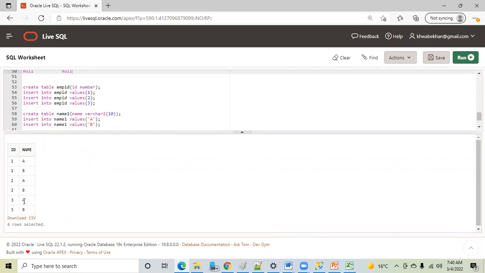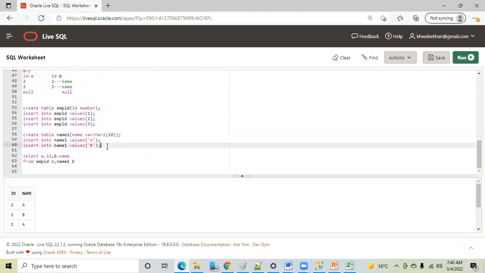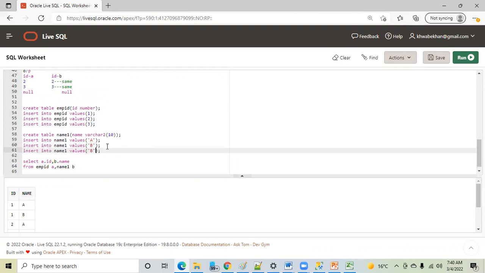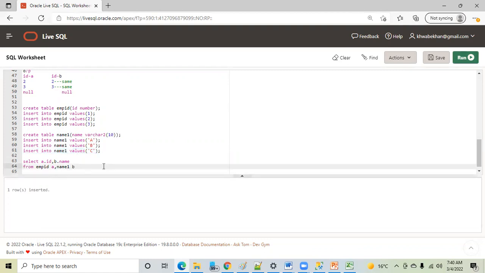Making a combination with all the records: 3A, 3B, it is coming again, 3, right? Now, suppose I insert a new record here, which is C, then what will happen? Each of the columns of the top table will make a pair with every value. Then tell me the output.